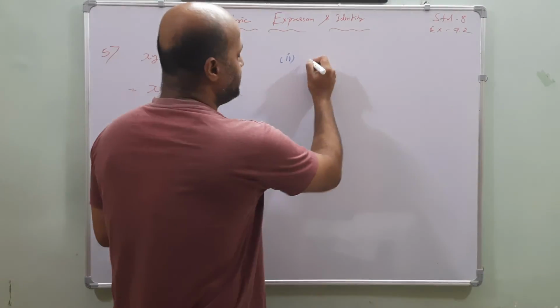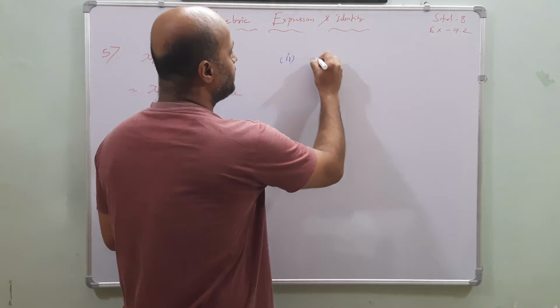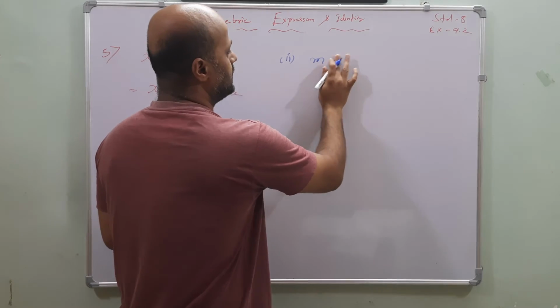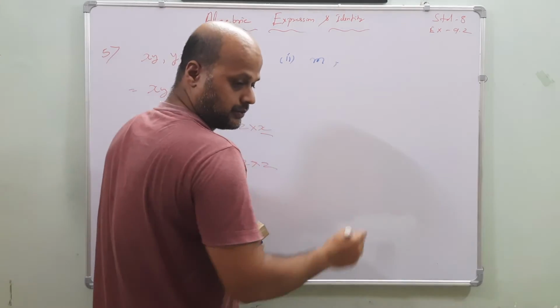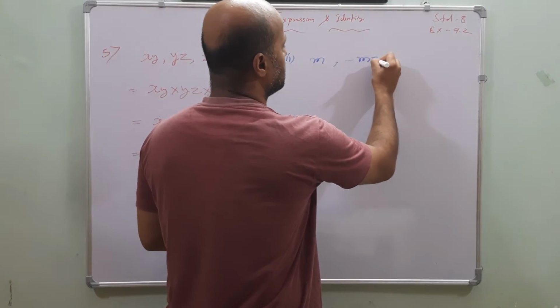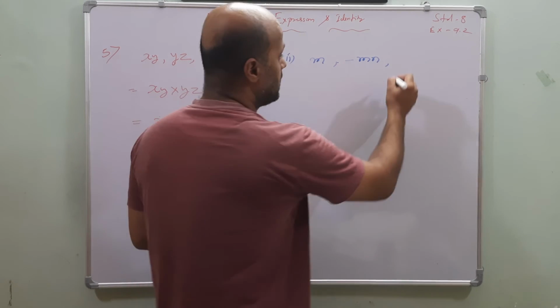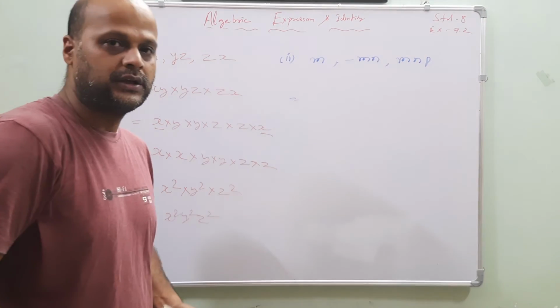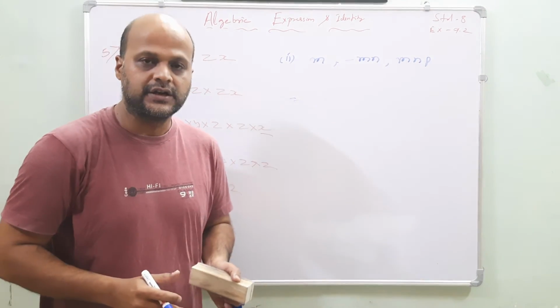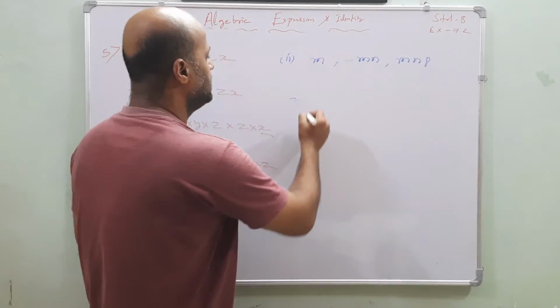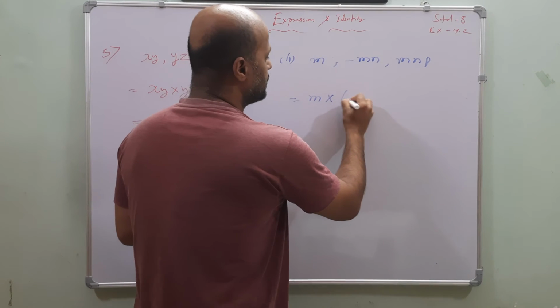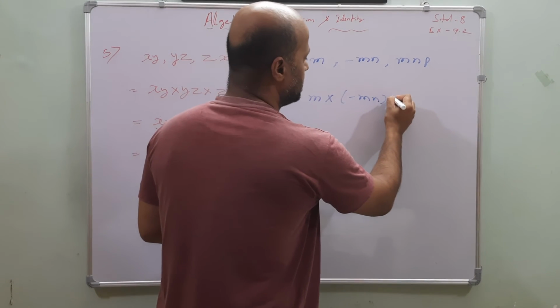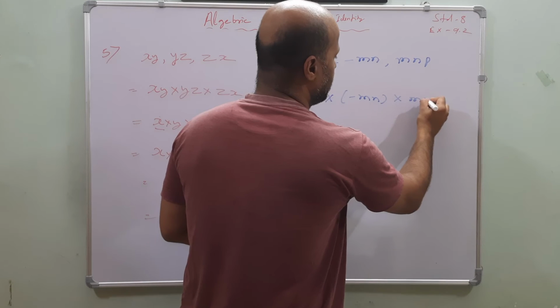You have to find m, comma, minus mn, comma, mnp. Now you have to find the product, which means in place of the comma you have to put the multiplication sign. Okay, so put it now: m into minus mn into mnp.